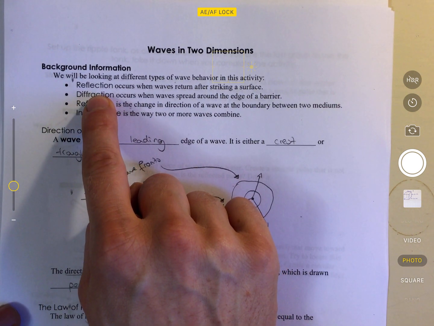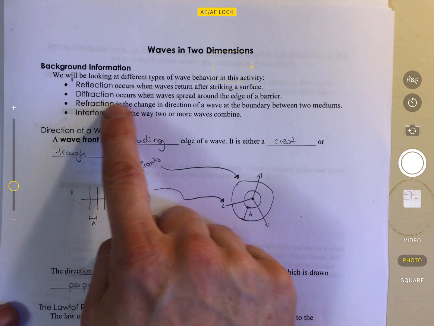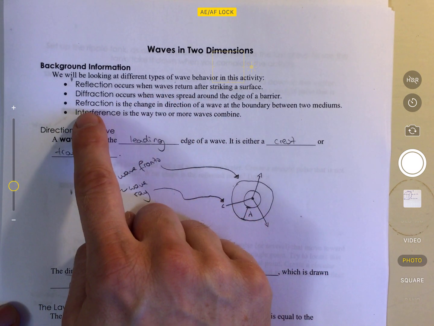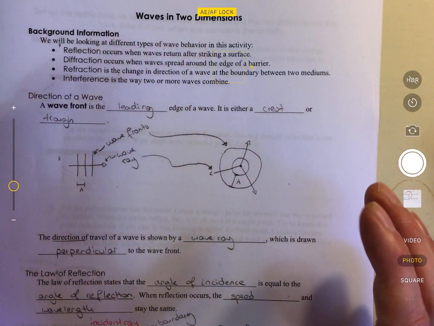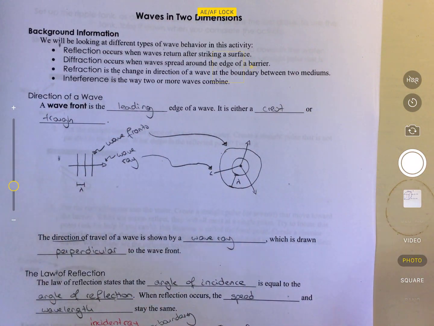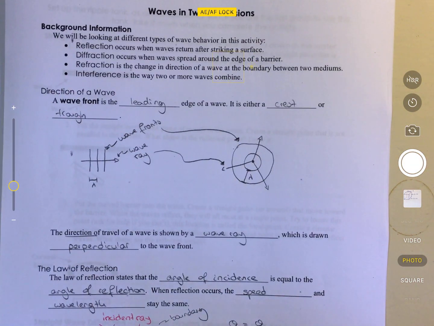Then we have diffraction, which is the bending around a barrier. And then we have interference, which happens when two or more waves start to combine with each other, and we will look at that in our next lesson.